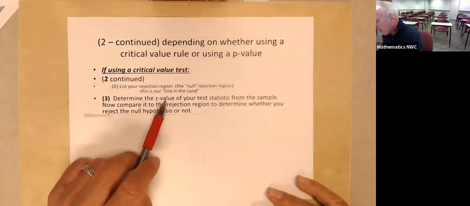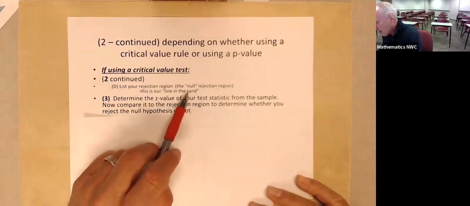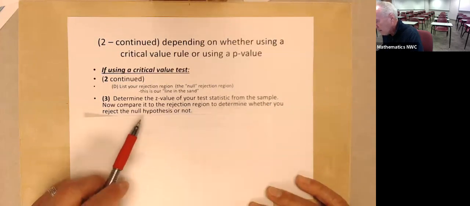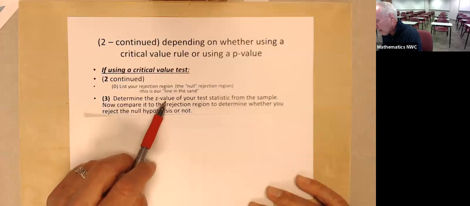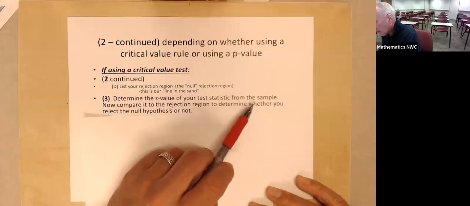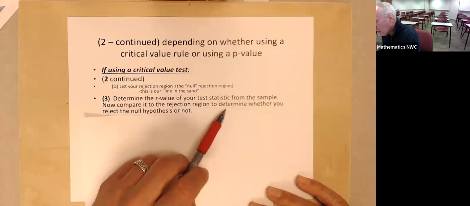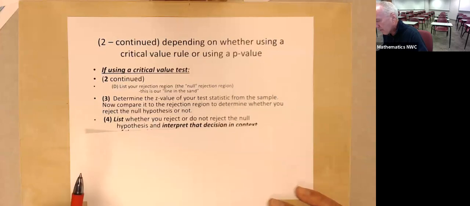Determining that z-value to test against our line is coming from the sample. We get the z-value for the particular sample. We compare it to the rejection region to see if we went over that line in the sand.